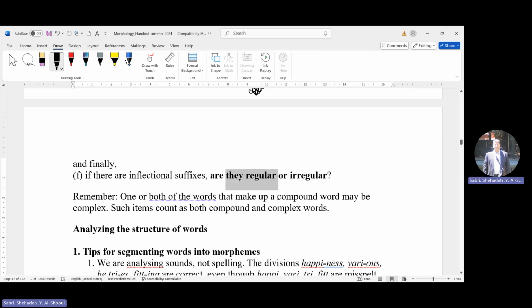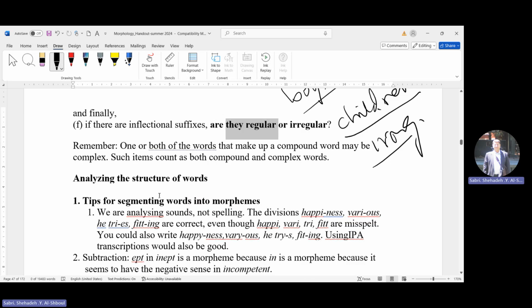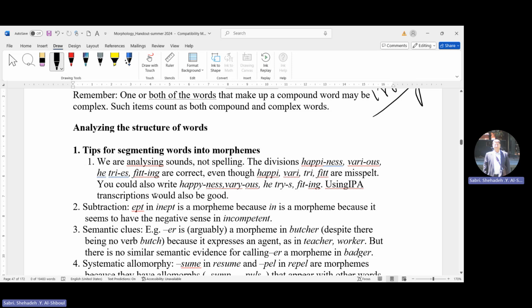When we talk about regular forms, we talk about patterns that govern the change that is available for the form, like when we have boy, boys, right? This is regular. Child, children, right? Which is irregular. So here we have irregular forms and we have another pattern of regular forms.